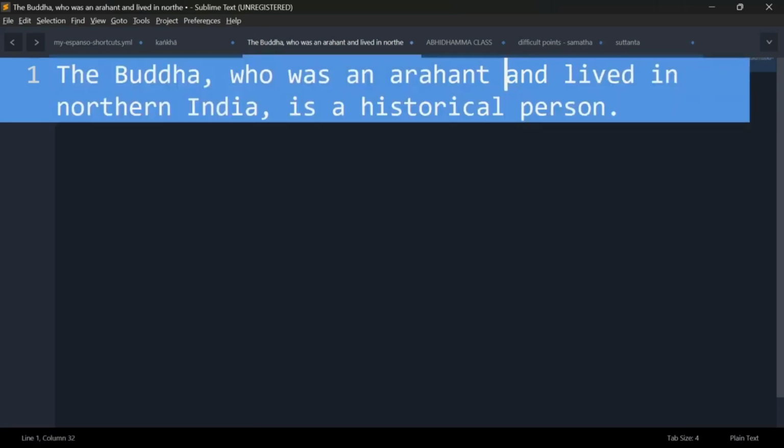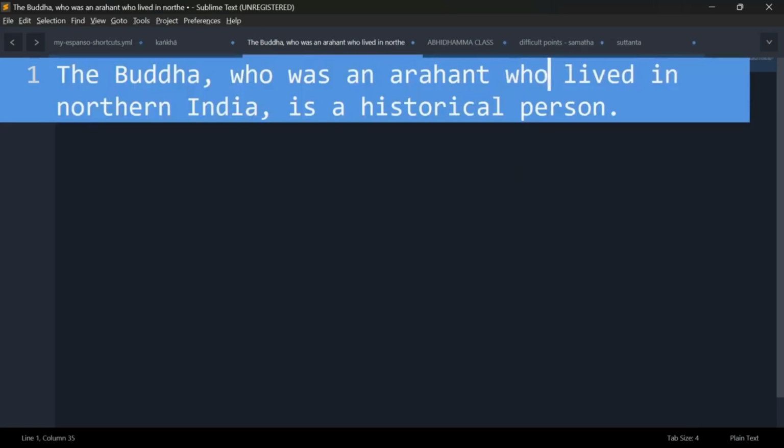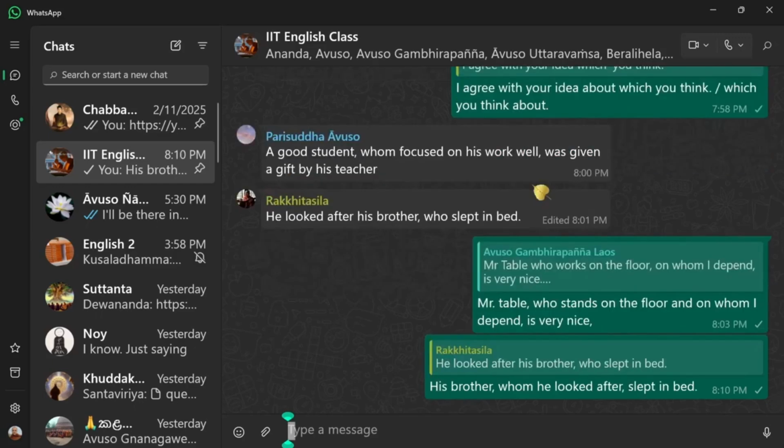But if I remove this conjunction and say, the Buddha, who was an arahant, who lived in northern India, then this who is referring to arahant. It's okay if that's what you want to do. But it will not refer to the Buddha, you know? You understand?